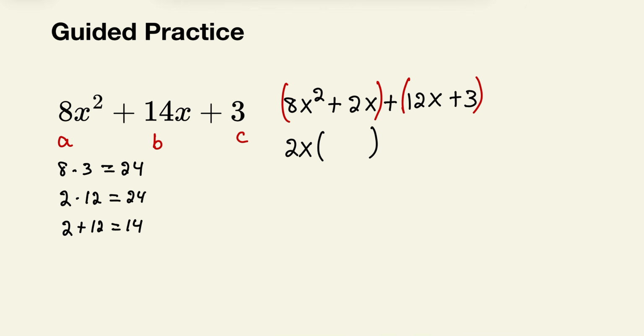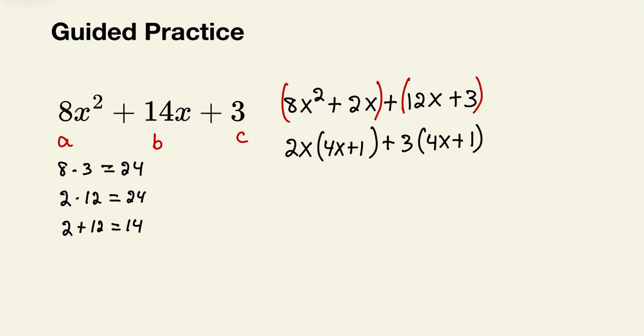That is 4x. And 2x times what is 2x? Well, that is 1. Of course, you're going to factor out a 3 in this group. So plus 3 times what is 12x? That is 4x. Plus 3 times what is 3 is 1.